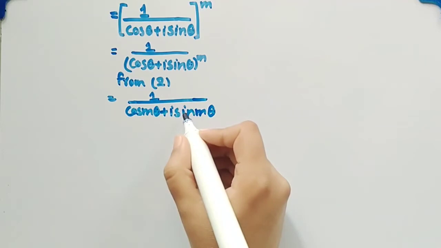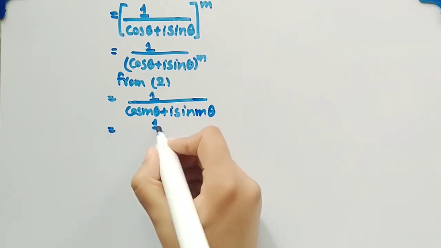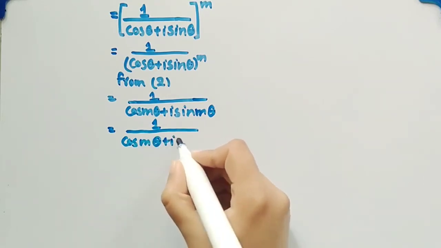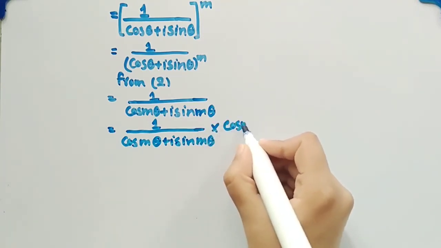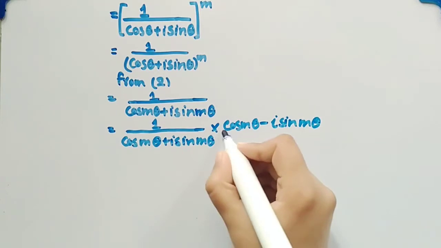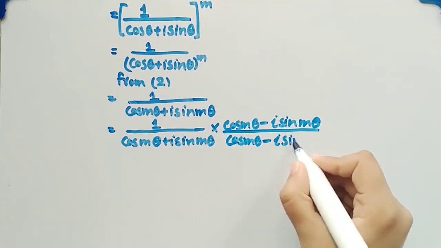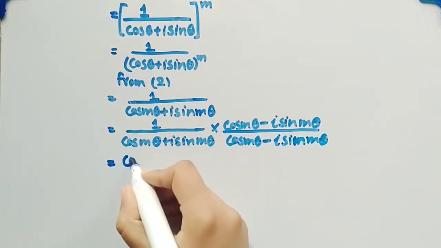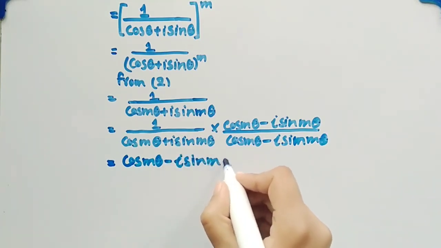Now multiplying and dividing it by cos m theta minus iota sin m theta, we get 1 by (cos m theta plus iota sin m theta) into (cos m theta minus iota sin m theta) divided by (cos m theta minus iota sin m theta), which is equal to cos m theta minus iota sin m theta.